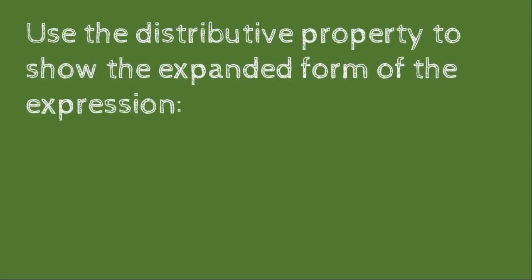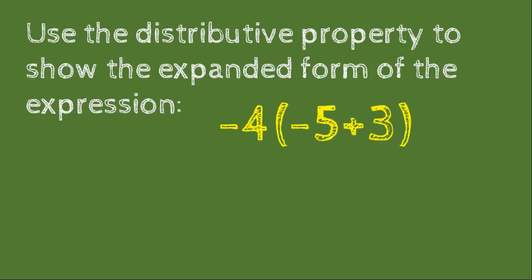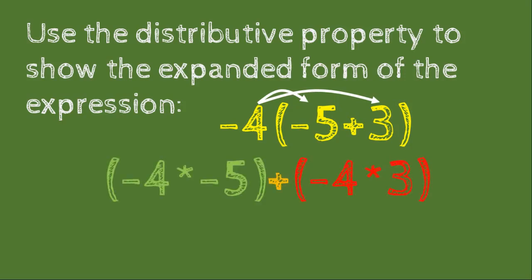So now, use the distributive property to show the expanded form of the expression negative 4 times parentheses negative 5 plus 3. And we remember we have to multiply the outside number times every number inside the parentheses. So we first do negative 4 times negative 5 in parentheses, plus we do another parentheses, negative 4 times 3.